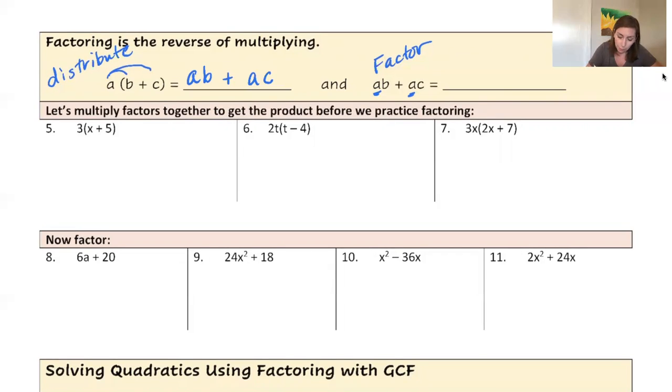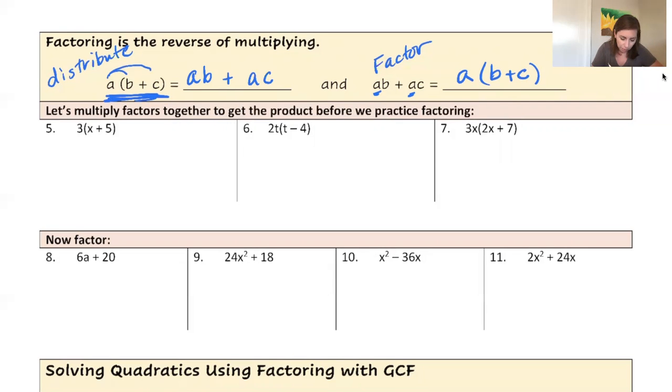So I'm going to put that in front of the parentheses. So I'm going to make it look like what I started with over there. A times what is that first term, A times B. A times what is the next term, A times C. So after you factor out that GCF, you're thinking, what would you multiply that by to get that next term?